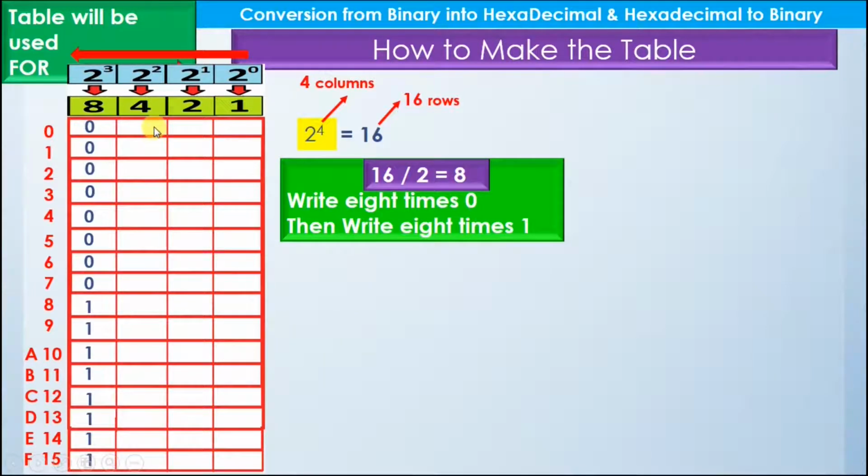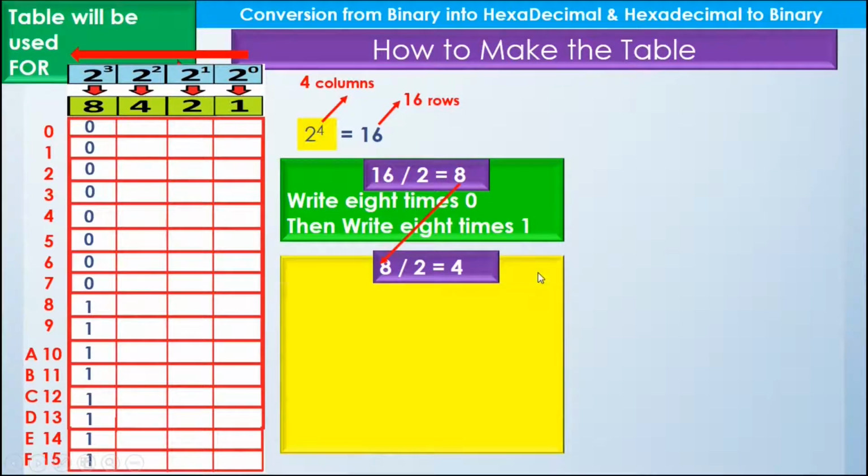Now we will go to the next column. So now we take this number 8 and again we divide it by 2 and 8 divided by 2 is equal to 4. So now we have 4 here. So we will write 4 times 0.